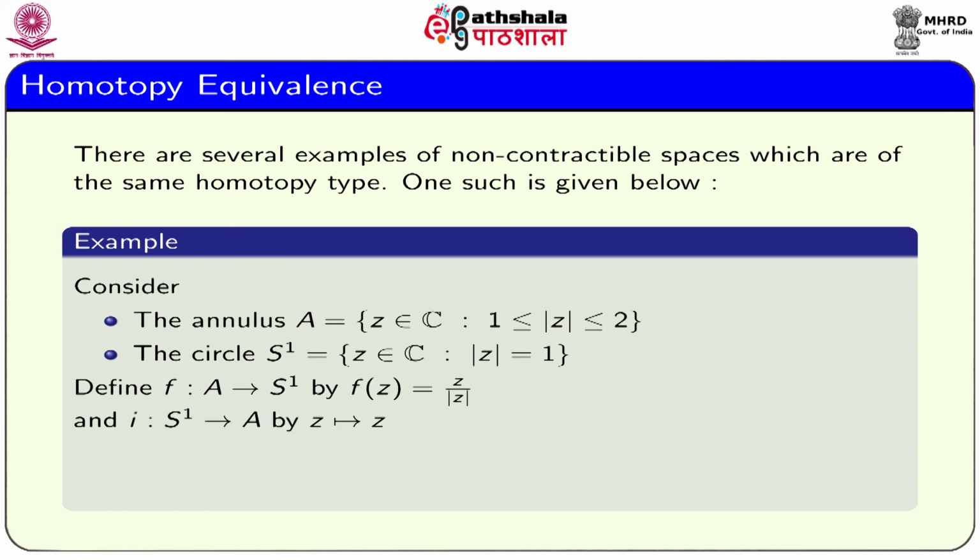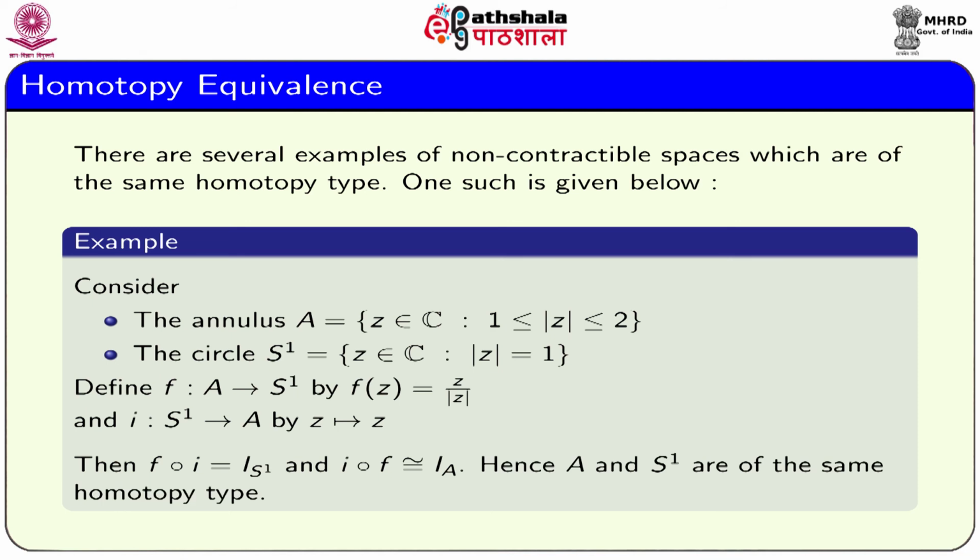Then of course f is a continuous function, and if I take the inclusion map i from S1 to A by sending z to the same z, then f composed i is identity on S1, and i composed f is homotopic to identity on A. Hence, capital A and S1 are of the same homotopy type.